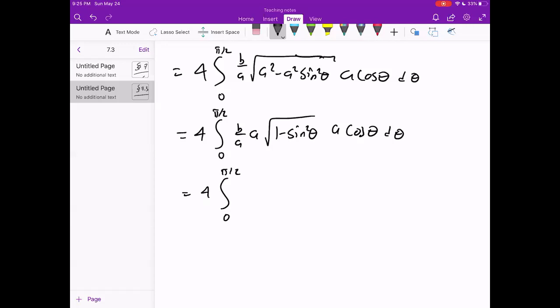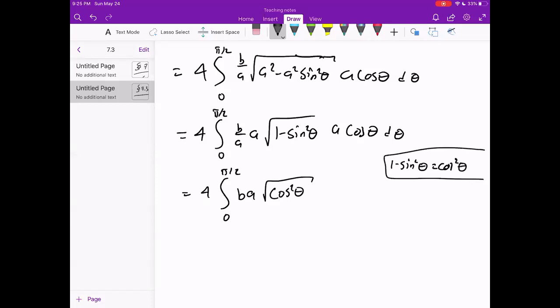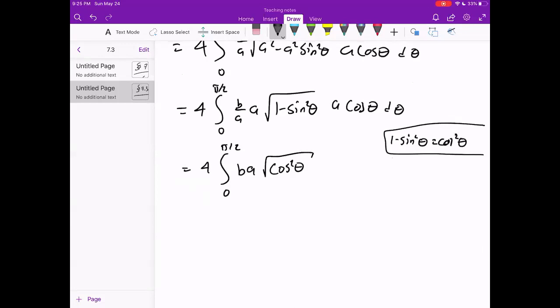When I do all that simplification, it's ba times the square root of 1 minus sine squared theta. Use our identity: remember 1 minus sine squared is cosine squared. And then I have, so I've already simplified that a, cosine theta d theta.